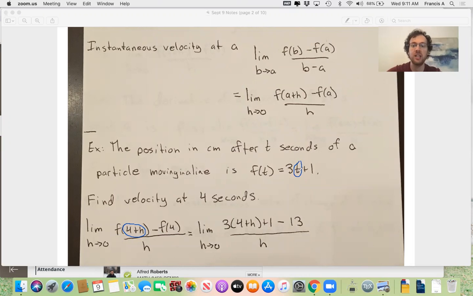So instead of t times 3 plus 1, here it's going to be 4 plus h times 3 plus 1. And it doesn't simplify to be a number yet because there's this variable h in here, but you're doing the same thing you did with the 4. You're just left with an expression that has an h in it.